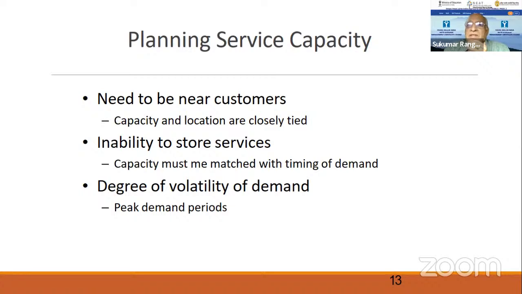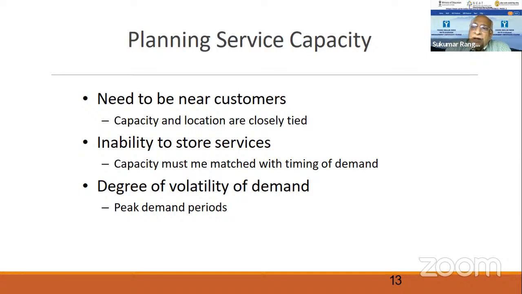When it comes to service capacity, we were told in the very first or second slide that service cannot be inventory. You cannot store services. Services are to be delivered at the point at which the customer is there.